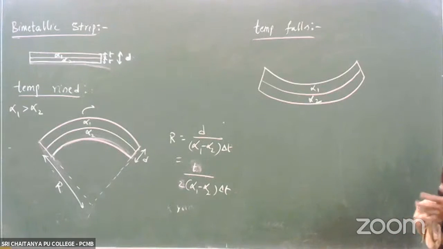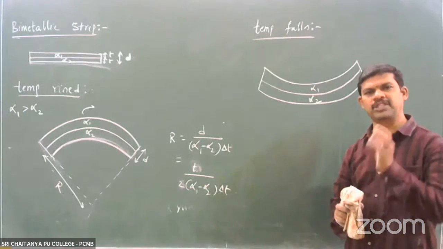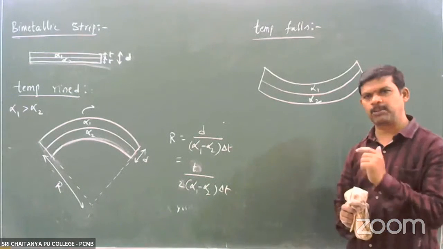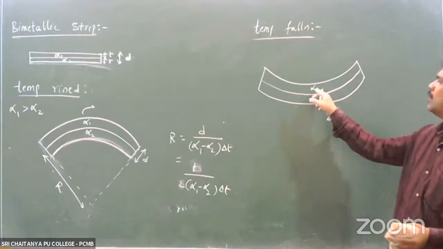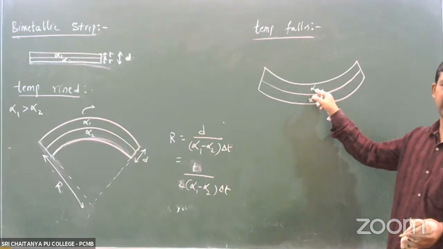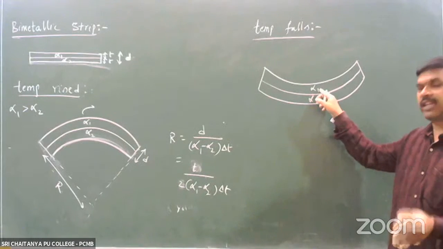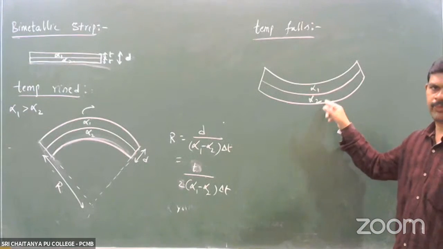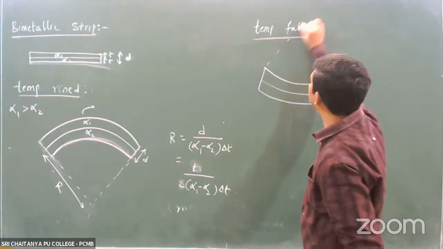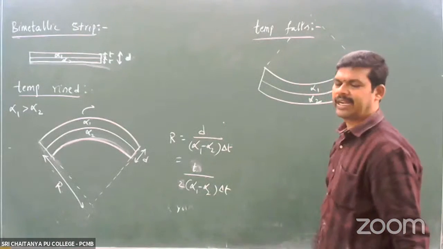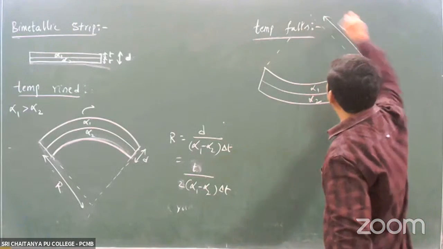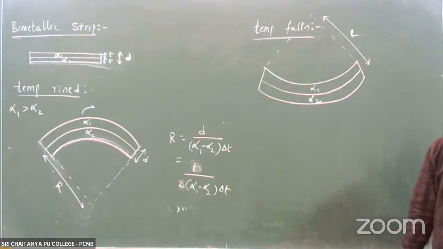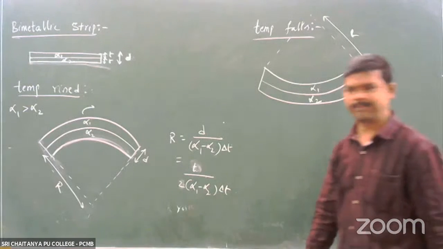The key point here is that the metal whose alpha value is more expands more for the rise of temperature and contracts more for the fall of temperature. So on the convex side you get the metal of higher alpha value, and on the concave side the metal of lower alpha value will come. As it is taking a curved shape, here also there is a radius of curvature, same formula. This is what we discussed in the previous classes in detail.